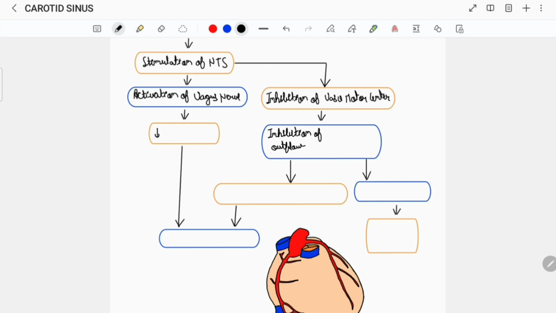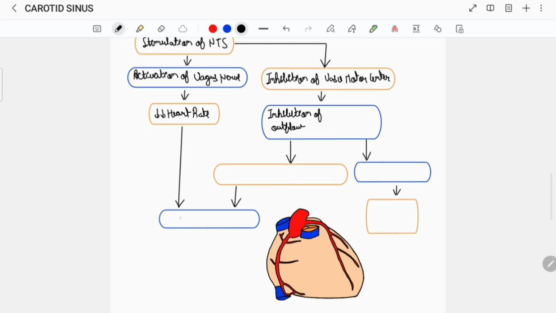Activation of vagus nerve causes a reduction in the heart rate, and a reduction in the heart rate causes a decreased cardiac output. Inhibition of vasomotor center causes inhibition of the sympathetic outflow. This causes a decreased myocardial contractility and vasodilatation.